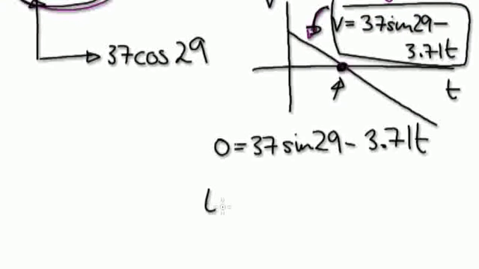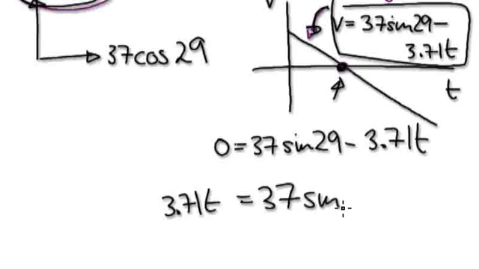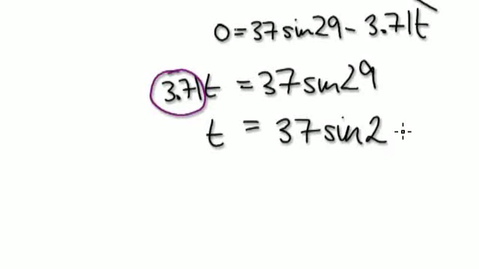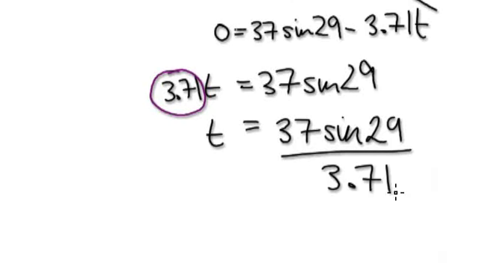Now it's just a matter of working out t. So 3.71 t equals 37 sine 29, and then divide both sides by this. So t equals 37 sine 29 divided by 3.71.